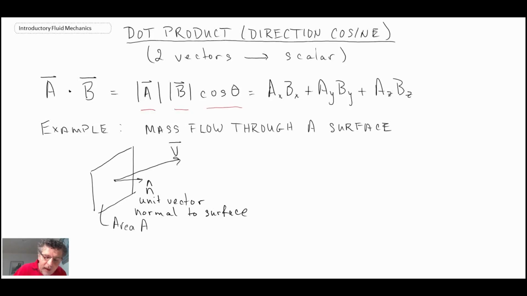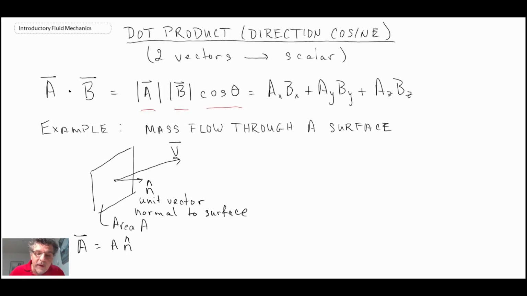And so we can re-express the area A as being the scalar value of area A multiplied by that unit normal vector. That would give us a representation for area A as a vector.